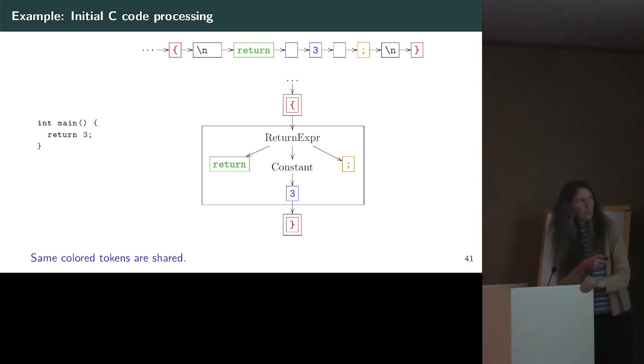We also parse it, convert it. When we take our tokens, we parse them, we get an abstract syntax tree. And then we convert the abstract syntax tree into a control flow graph. Here's a little bit of that control flow graph. But what I'm trying to show here with the colors is that the abstract syntax tree embeds the tokens. This is shared data.